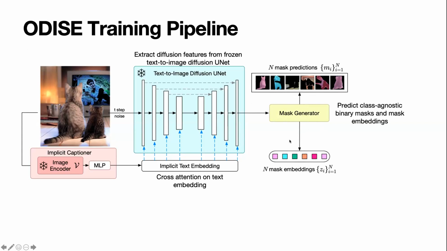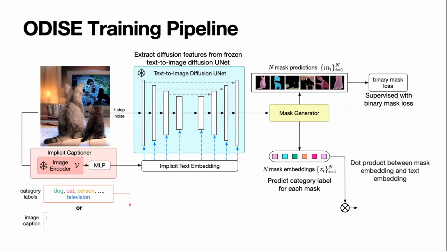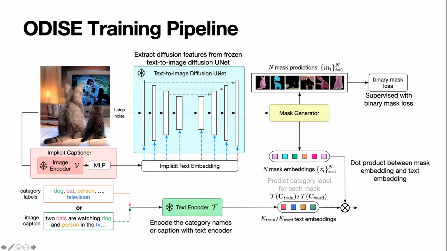To supervise these masks, we train on the COCO dataset, using a binary mask prediction loss. Then the next task is how do you supervise this model to categorize these binary masks into various categories? For that, we either train with the provided category labels for each segment from the COCO dataset, or we use the captions for the images that are available.